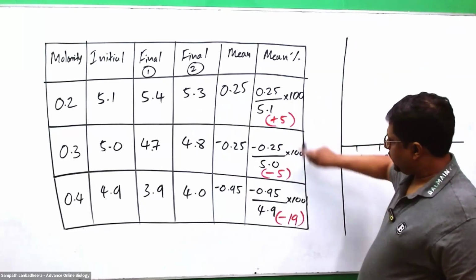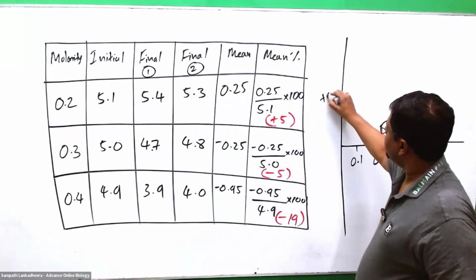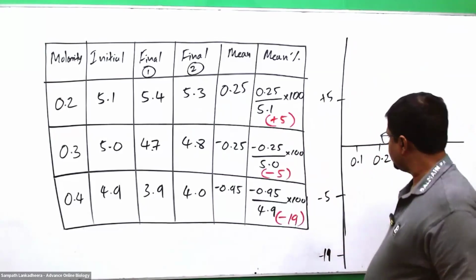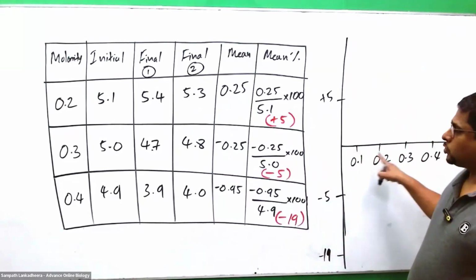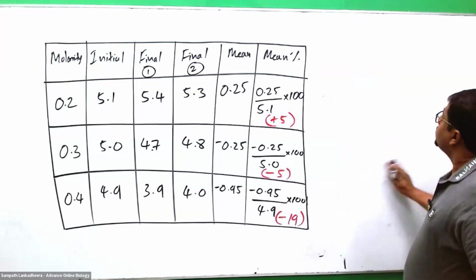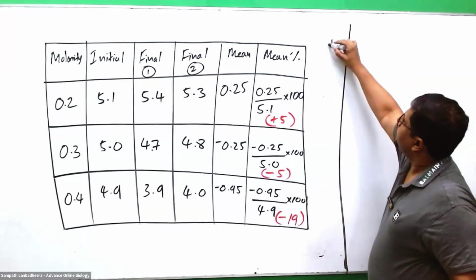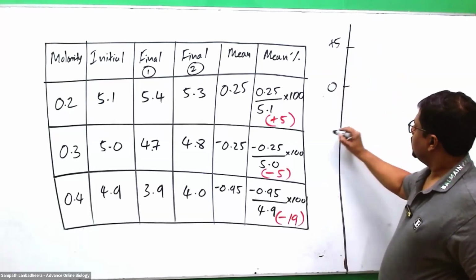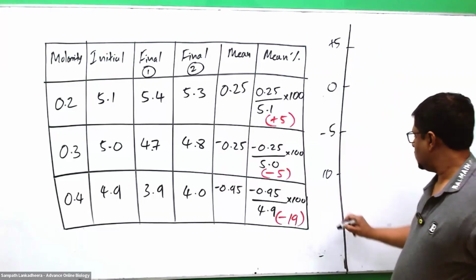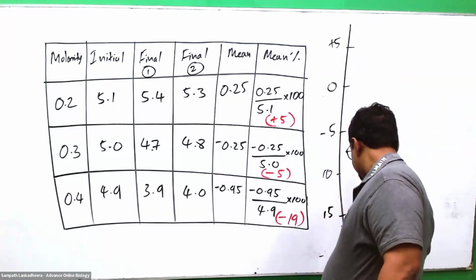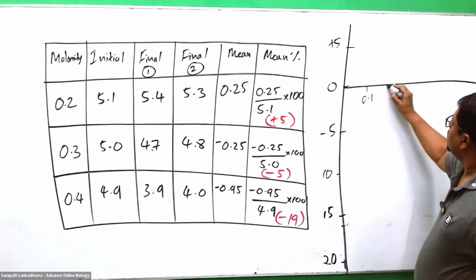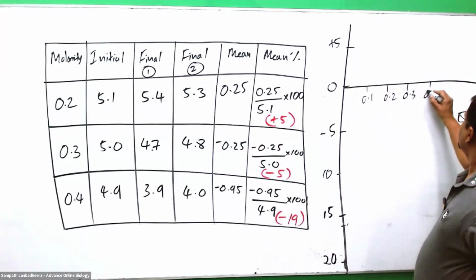This side is plus 5, 0, minus 5, 10, 15, 20. I'll calibrate this once again.